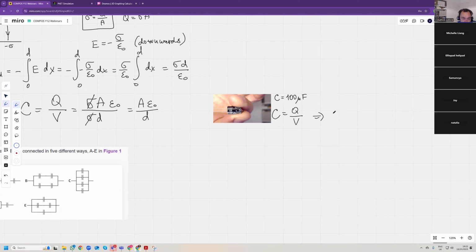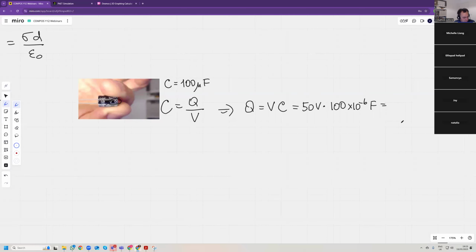That means Q equals voltage times the capacitance, equals 50 volts times C, which is 100 times 10 to the minus 6 farads, which gives you 50 times 100 times 10 to the minus 6, 5 millicoulombs of charge. So the capacitor carries 5 millicoulombs of charge.